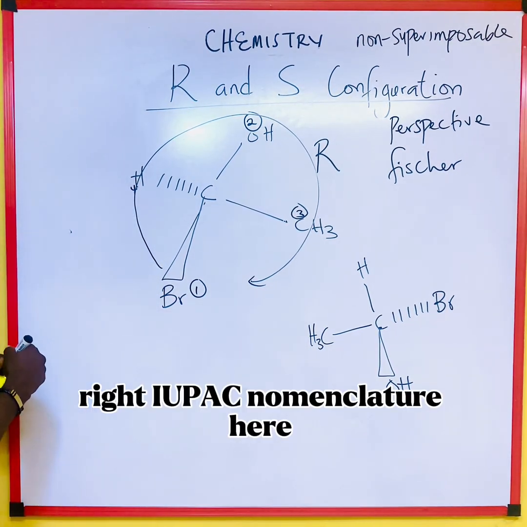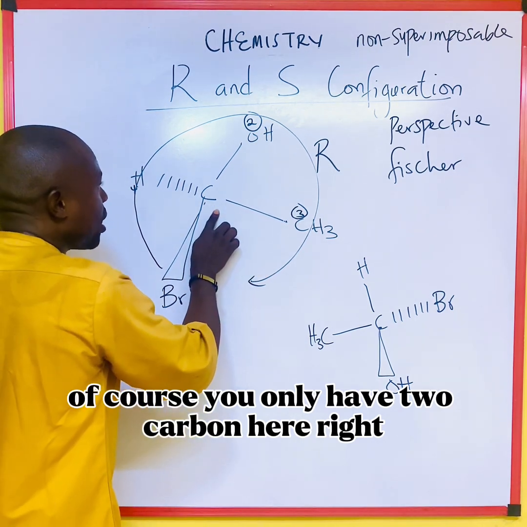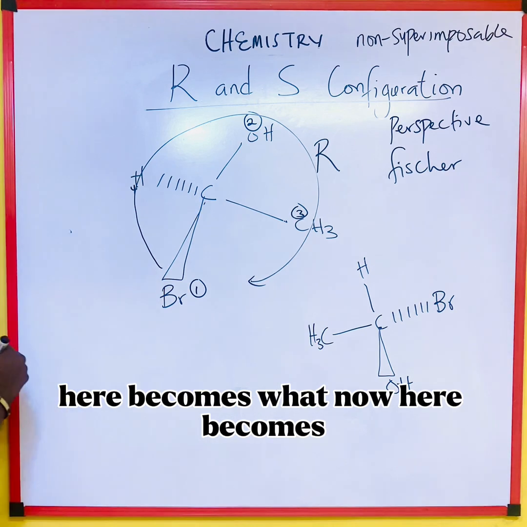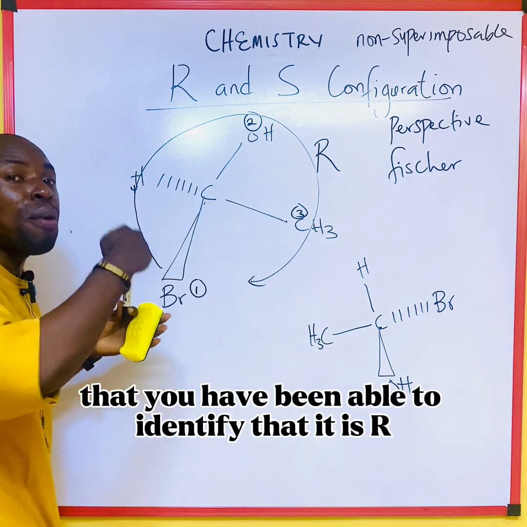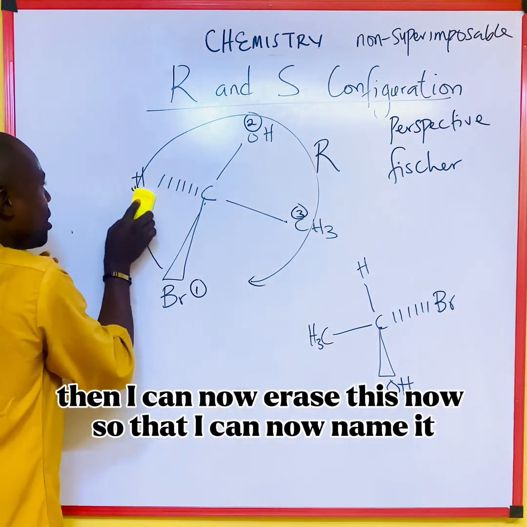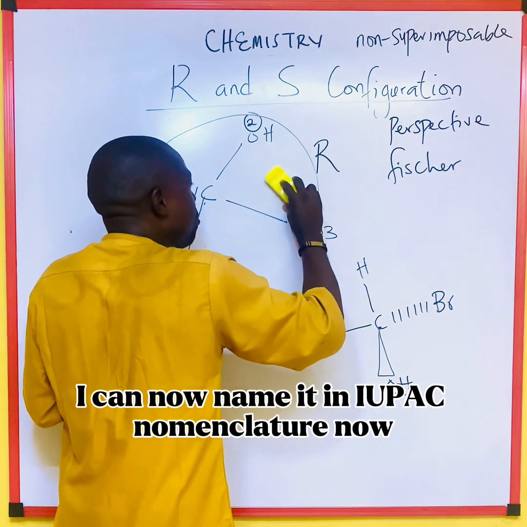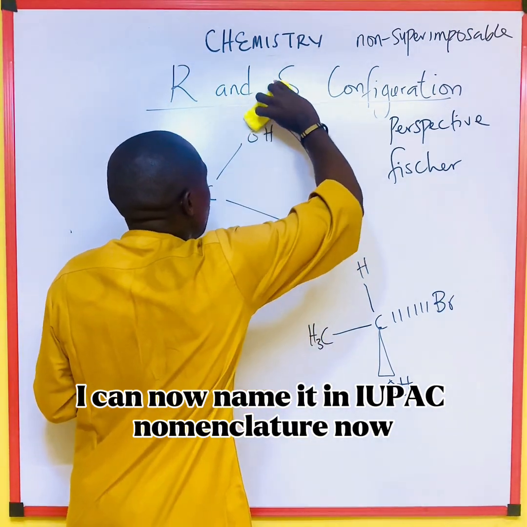Right? How do you do nomenclature here? Of course, you only have 2 carbons here, right? So now that you have been able to identify that it is R direction, I can now erase this so that I can name it in IUPAC nomenclature.